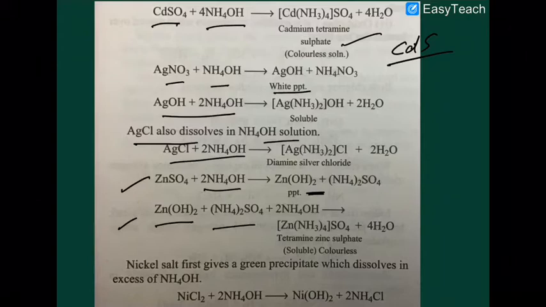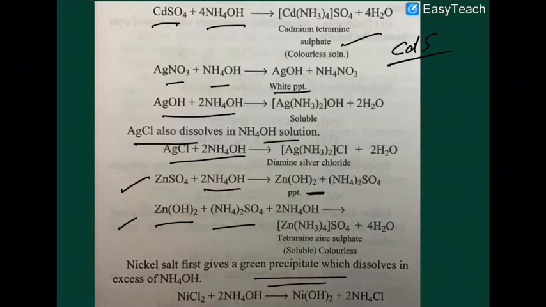But with nickel, it forms nickel hydroxide, which on dissolution in ammonia will give you a complex, but that complex's coordination number is 6, not 4 as in case of zinc and copper.